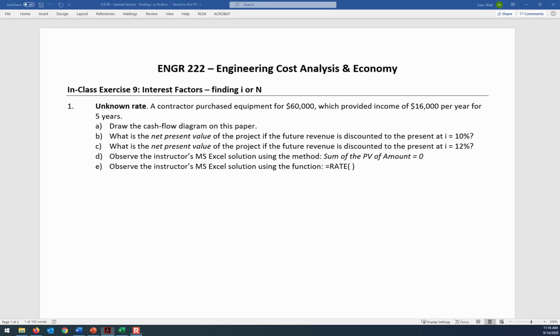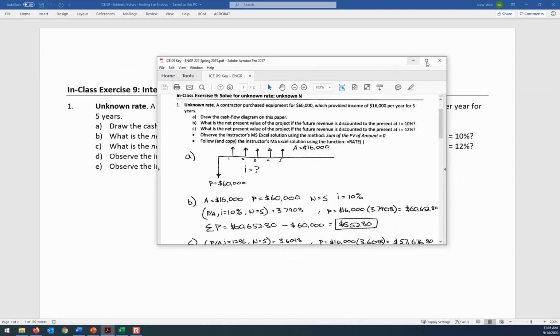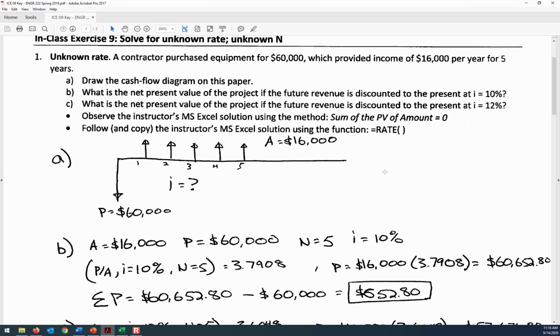All right, so let me show you what we're doing here. So the cash flow diagram, we have an outflow of 60,000 and an inflow annual series of 16,000 each year. Ultimately, we want to know the interest rate.